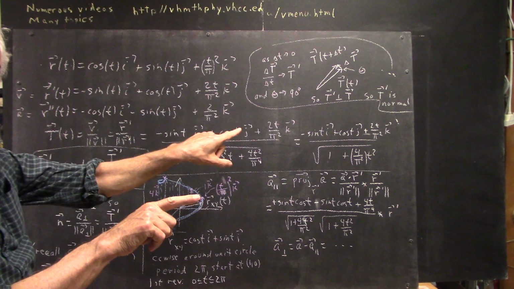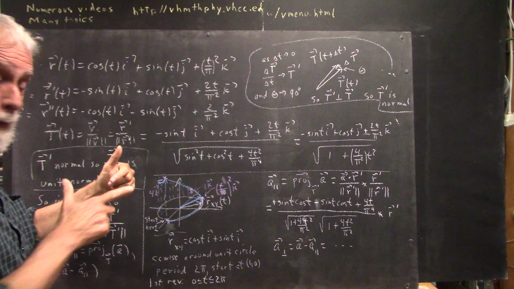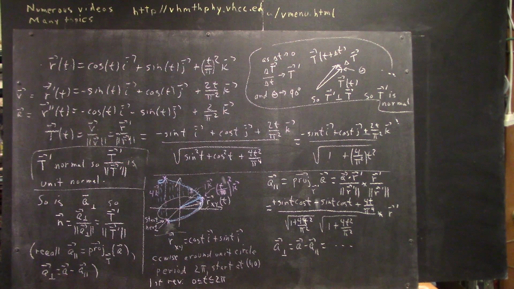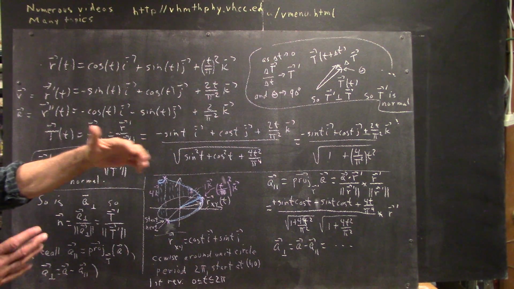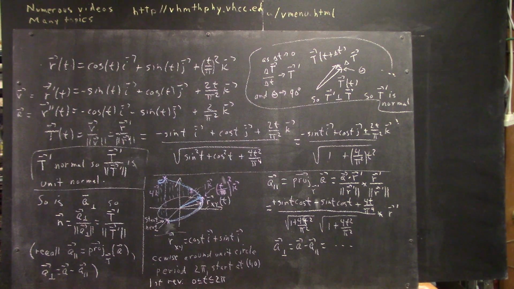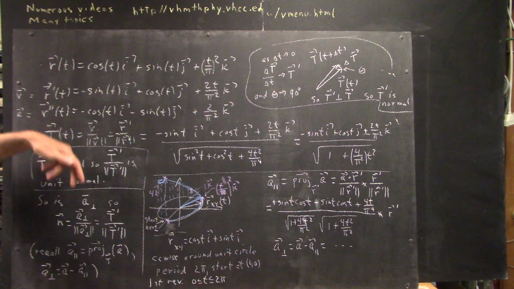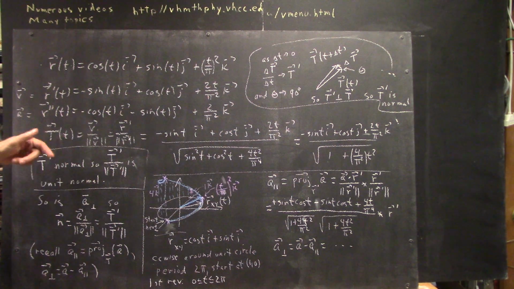If we subtract that from our acceleration, we get a vector which is perpendicular to the motion.